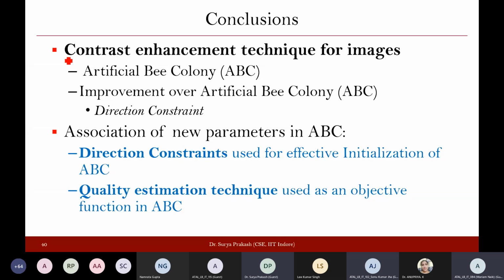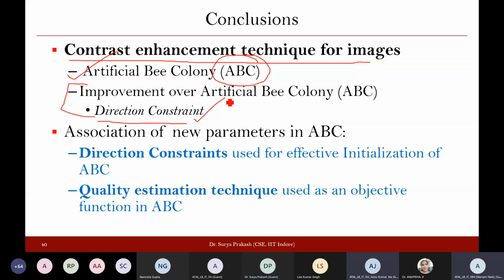We have discussed a contrast enhancement technique for images. This technique was based on the artificial bee colony, but we have improved the artificial bee colony algorithm by associating a direction constraint. So there are two ways this proposed technique is novel. It is using ABC, but the quality parameter, or the objective function that we are using here, is our proposed function, along with the introduction of the direction constraints in ABC.